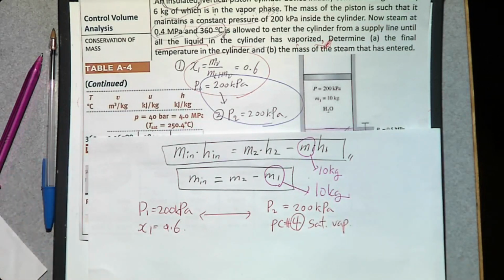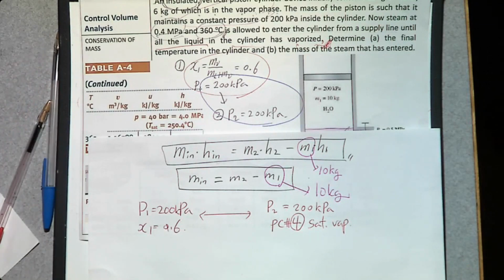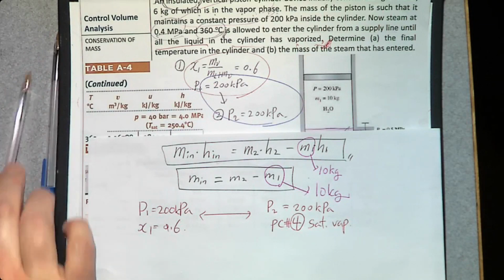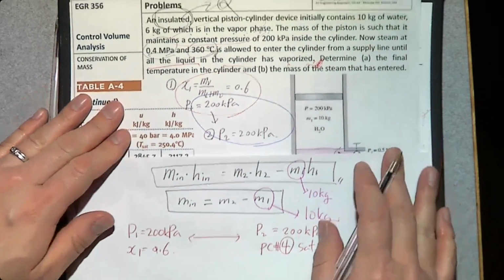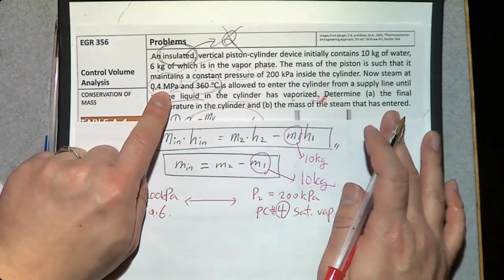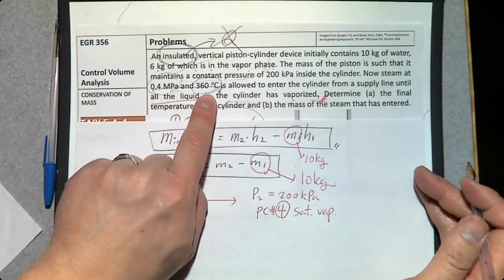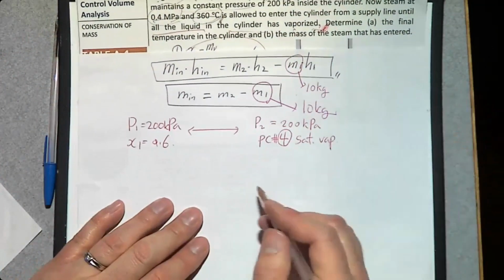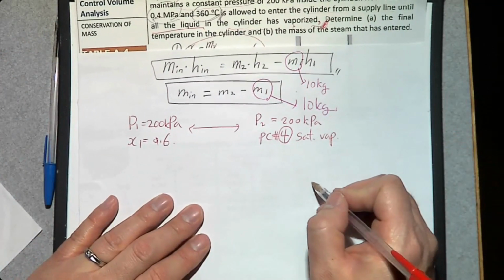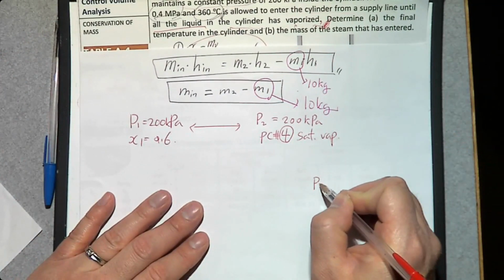If you know you have a saturated vapor, you can determine its properties easily. What about at the inlet? We have 0.4 megapascal, 360 degrees Celsius. There is no information about the phase, but we can calculate that.